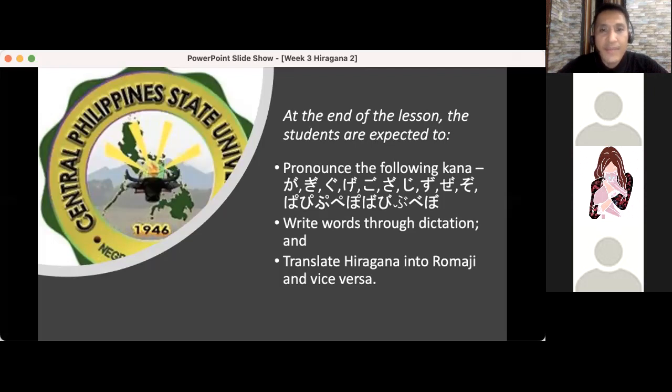Okay, so we have here the Dakuten and the Handakuten. Now, write words through dictation and translate hiragana into Romaji.